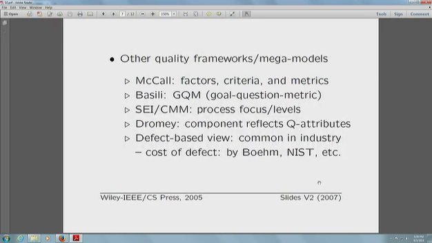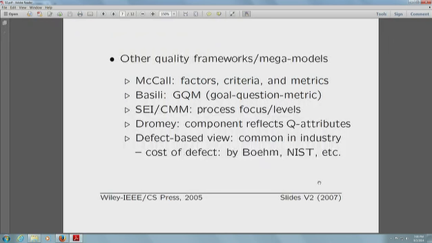But in other cases there are other concerns, where you say, I'll get it to you quickly, but maybe it will not be of the highest quality. So there are considerations there.